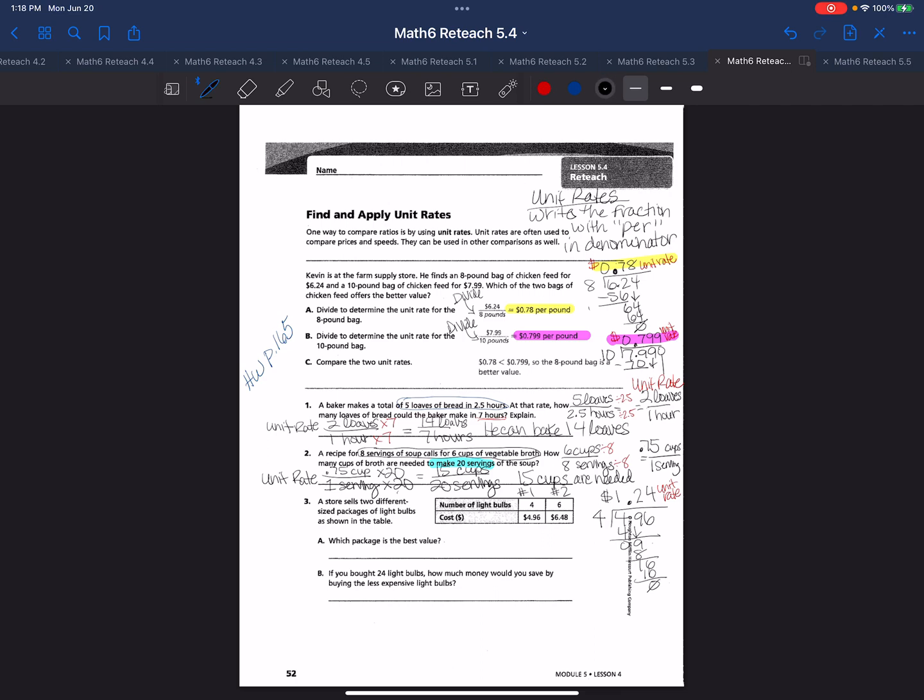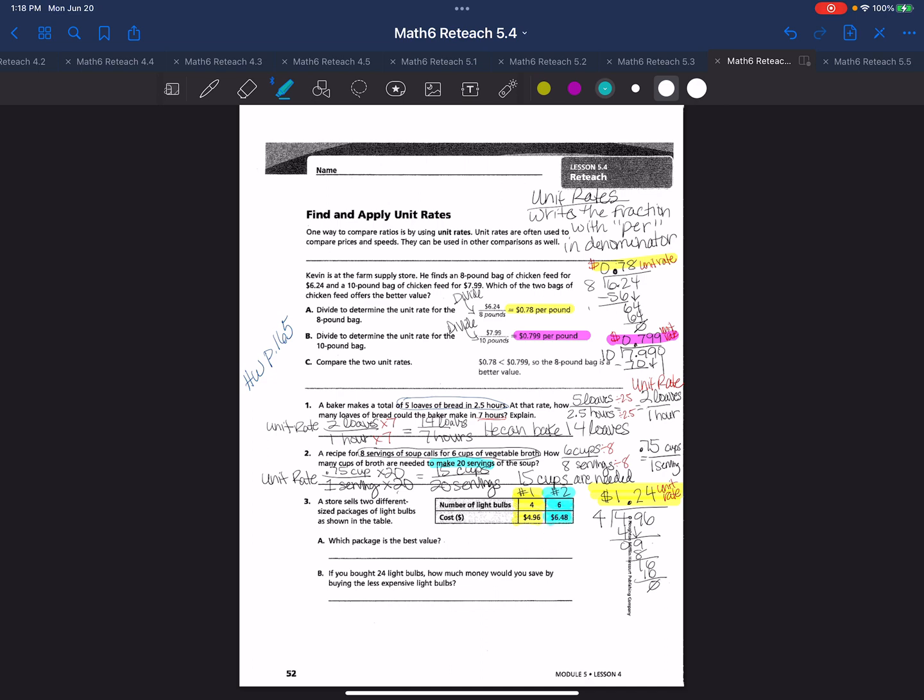It's $1.24 per bulb. Okay, that's for number 1. So I will do that in yellow. So I will do this one is the unit rate.